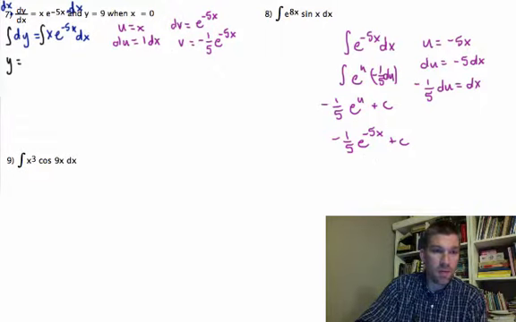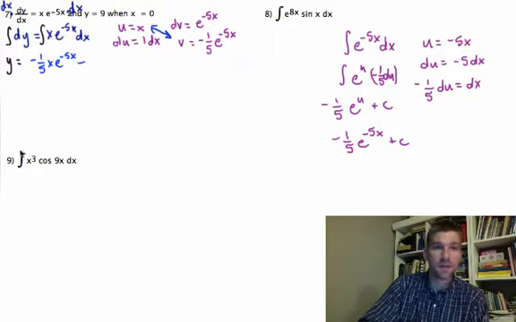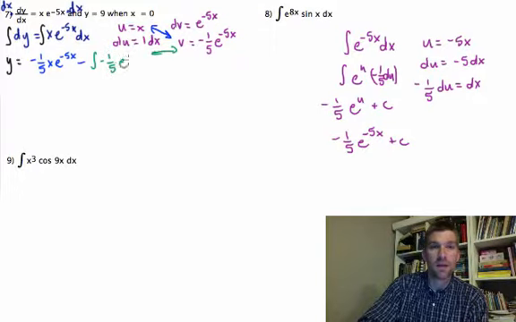So now I follow my pattern, which is u times v, and when I do that, I wind up with negative 1/5 x times e to the negative 5x, and then minus the integral of v du. So the integral of these is basically going to be negative 1/5 e to the negative 5x dx.